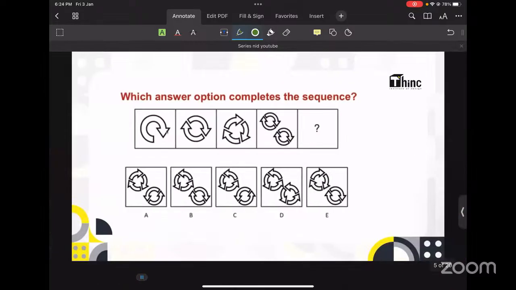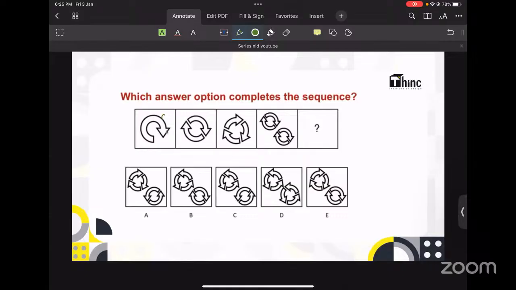Which of the options complete the sequence? Here also it is direction, but in a different manner, and counting is also very important.